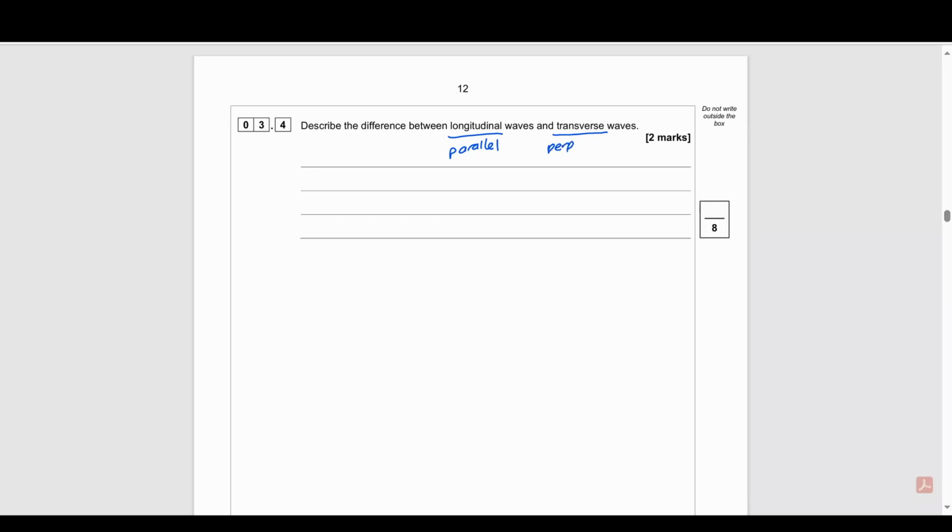And perpendicular means at right angles, which is 90 degrees. Now, what, in the case of longitudinal waves, is parallel? Well, it's going to be the vibrations are parallel. But what are they going to be parallel to? It's to the direction of energy transfer.